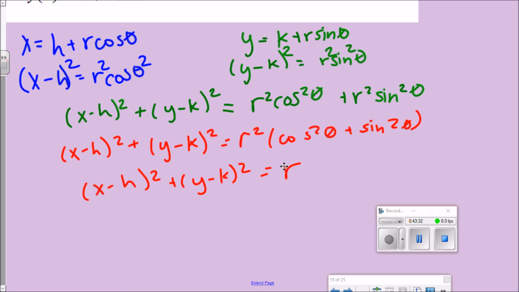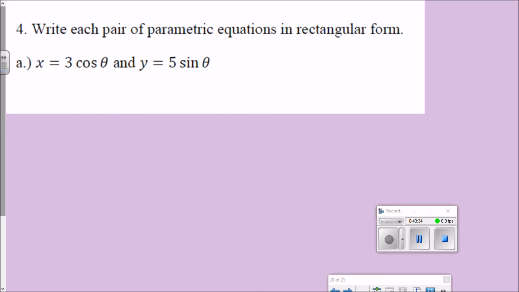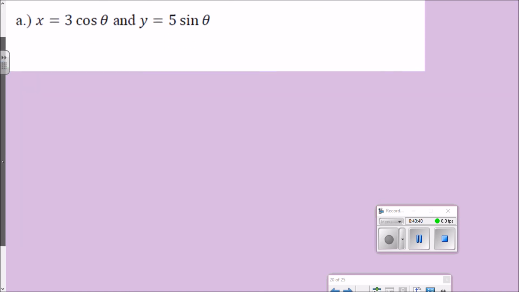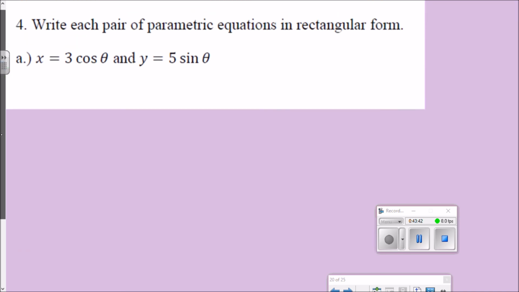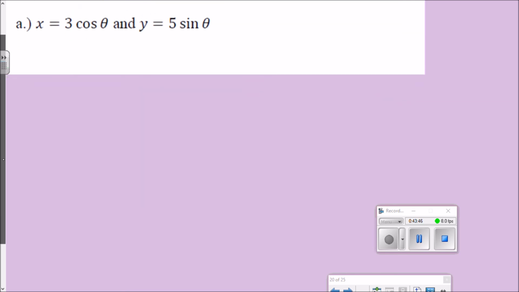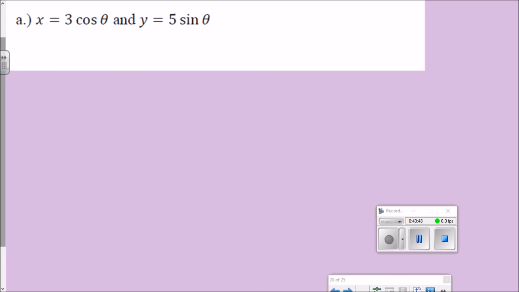Let's try another. You can see these are a little bit tougher. Here's the next one. X is equal to 3 cosine theta, y is equal to 5 sine theta, and it wants me to show it in rectangular form. And I'm going to tell you, that looks a lot like a circle, right? Those cosines and sines kind of create those shapes, the circle, but also the ellipse.